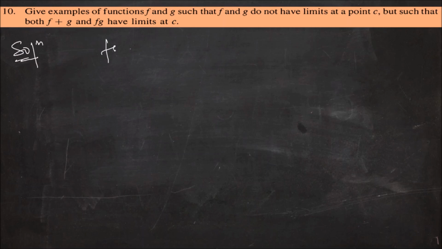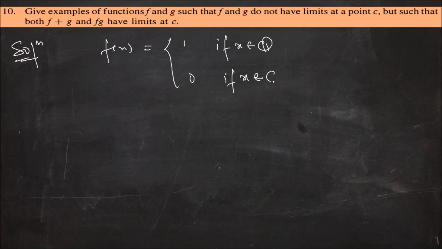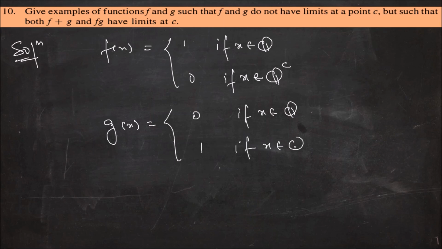Solution: you can take f(x) equal to 1 if x belongs to Q and 0 if x belongs to Q complement, and g(x) equal to 0 if x belongs to Q and 1 if x belongs to Q complement.